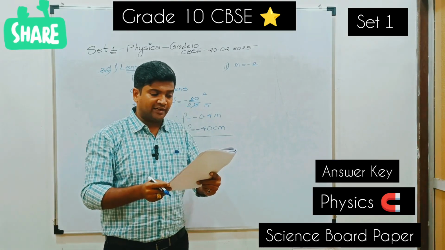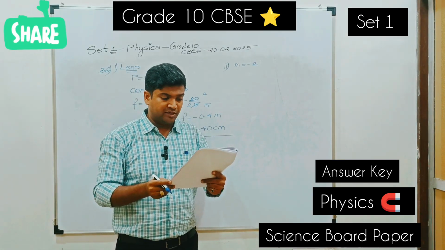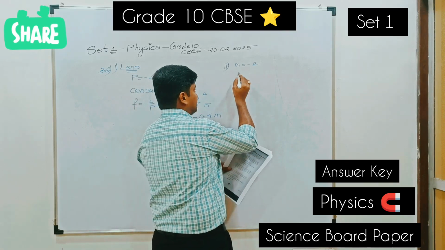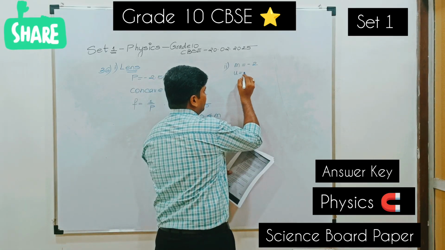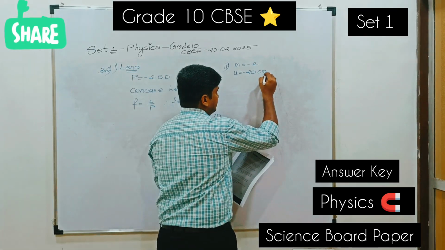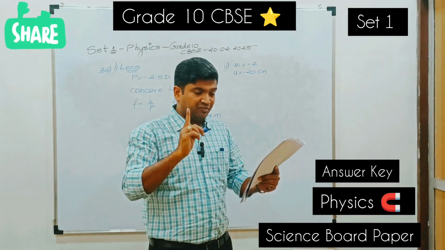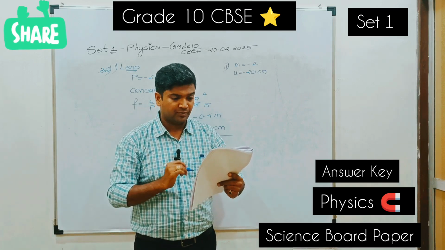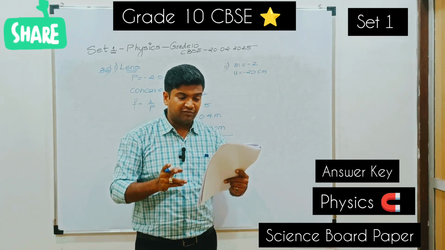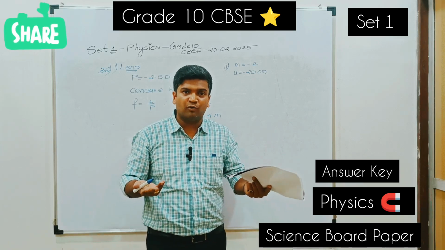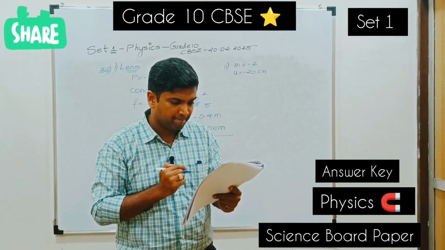Using the new Cartesian sign convention, and considering that an object is placed at a distance of 20 from the optical center of this lens, so u is also -20 centimeters. Okay, the first thing to find is the nature of the image formed. Since magnification is negative, we get the answer right there. The image has to be real and inverted.